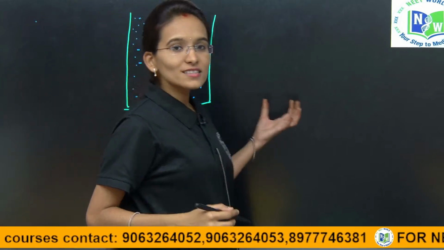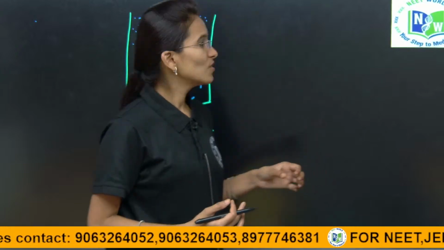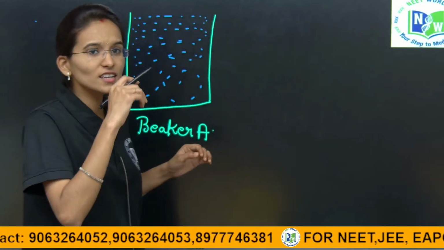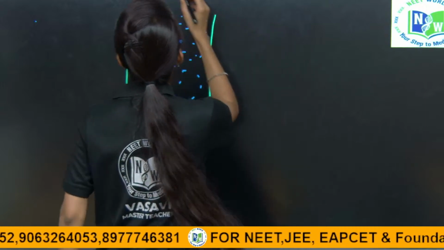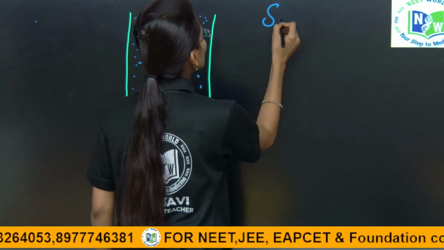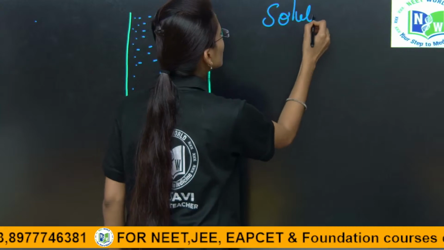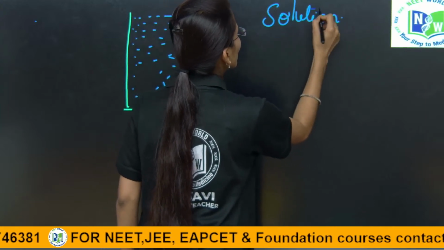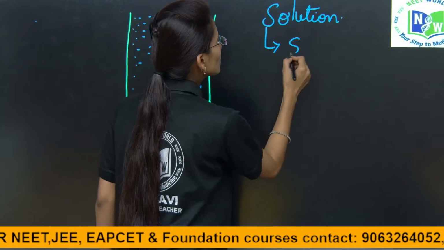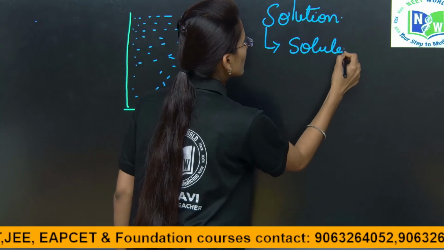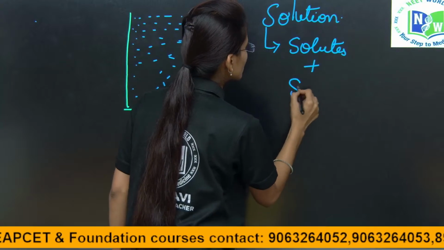Before understanding this clearly, to make it easy, you need to study some terms. Those are solution, you need to understand what a solution is, and next the terms solutes and solvents.